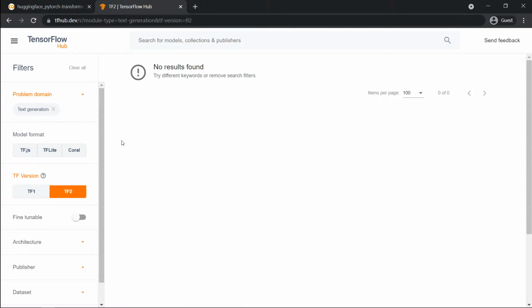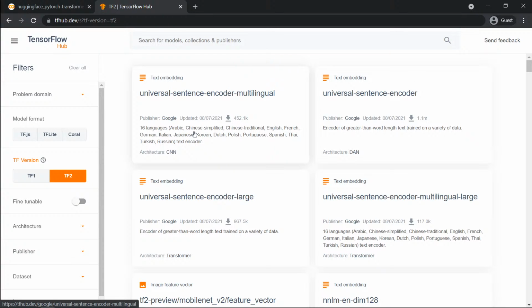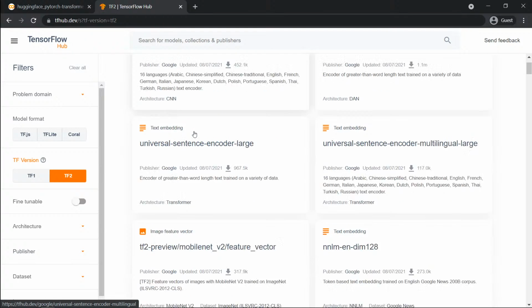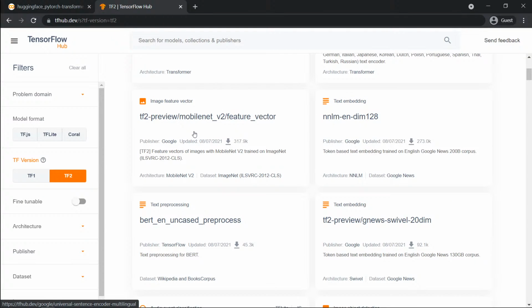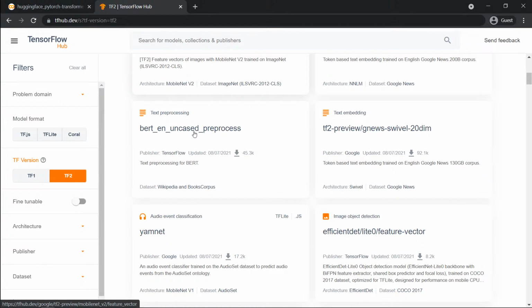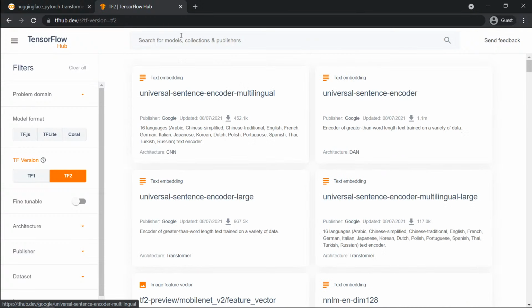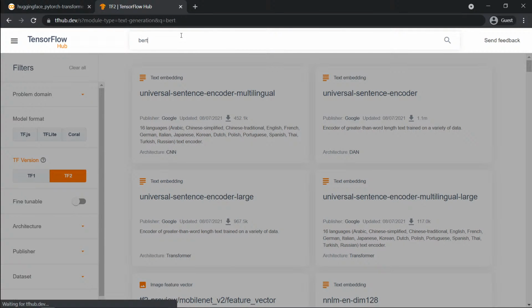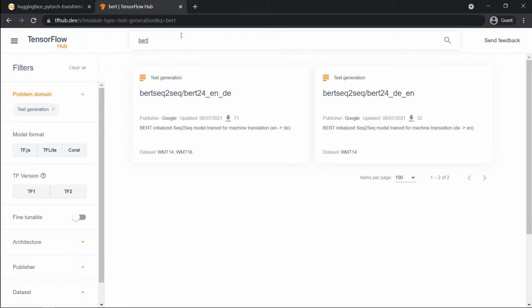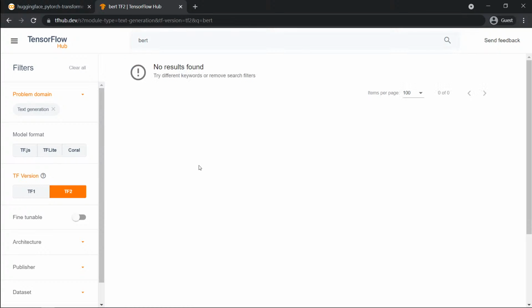Oh no. It doesn't look like they have TF2.